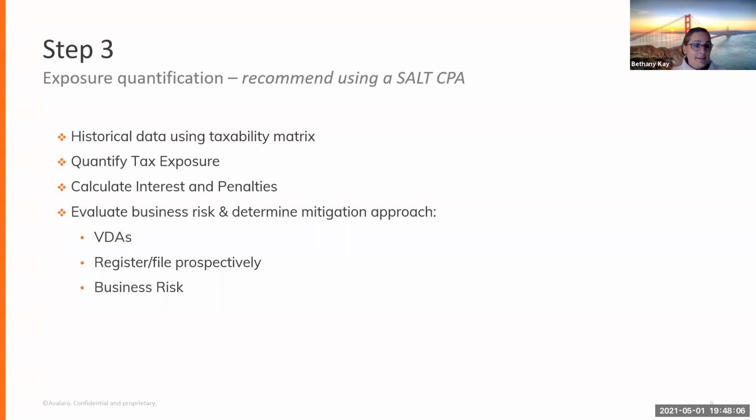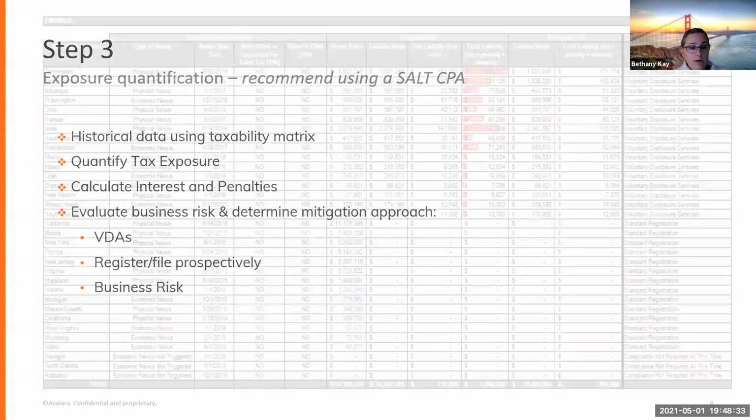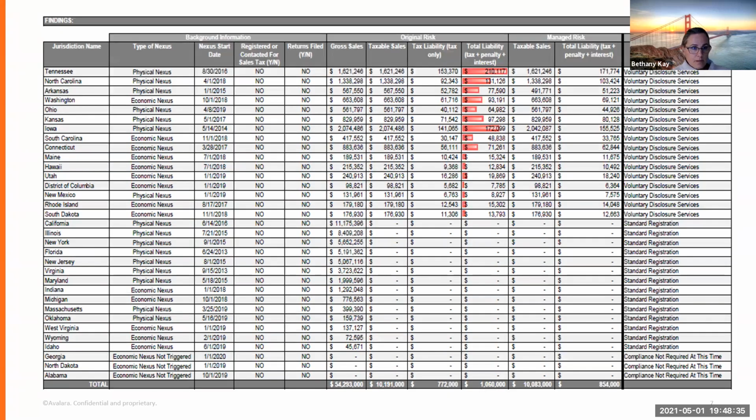And then they're going to have some recommendations, and you're going to have to look at your business risk and determine the order in which you're going to tackle state by state, whether it's through a VDA, a voluntary disclosure agreement, which will limit the look back period for those taxes and limit the penalties. Usually interest is always going to be there. And then maybe you're just going to register and file prospectively. You're going to have to take into account what your business risks are.